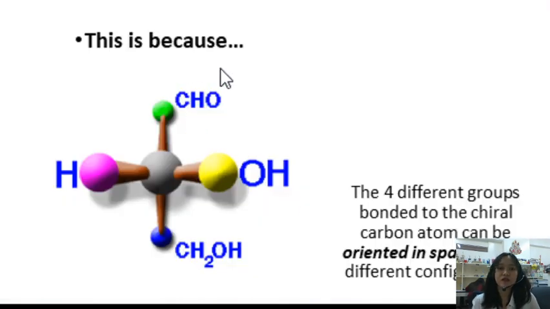This is because the 4 different groups bonded to the chiral carbon atom can be oriented in space in 2 different configurations. So, kapag meron kang kahit isang chiral carbon atom, then that molecule will be oriented in 2 different configurations.